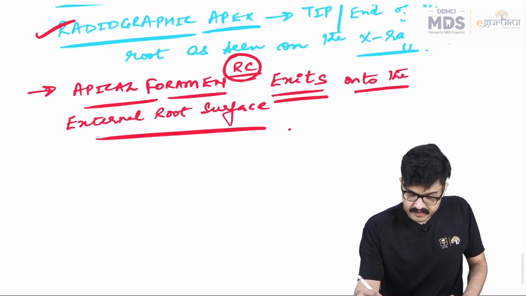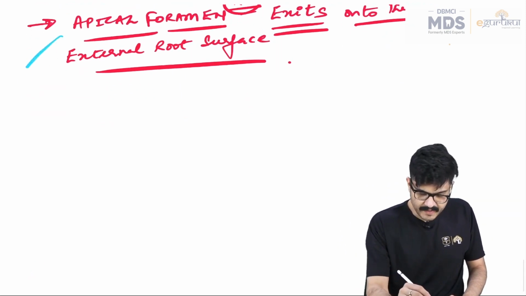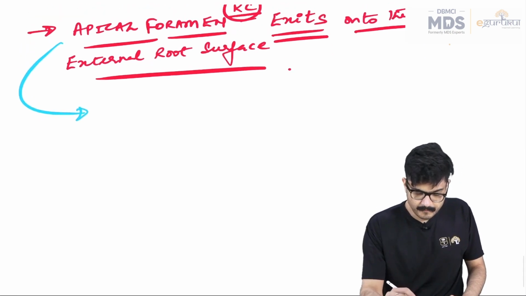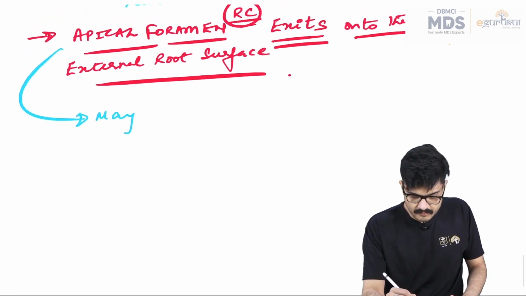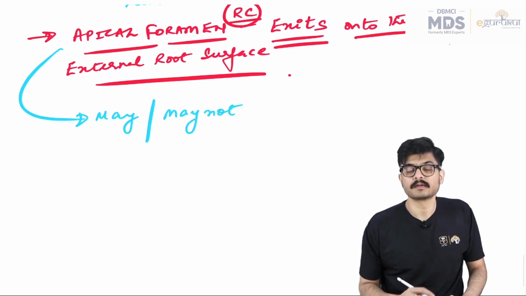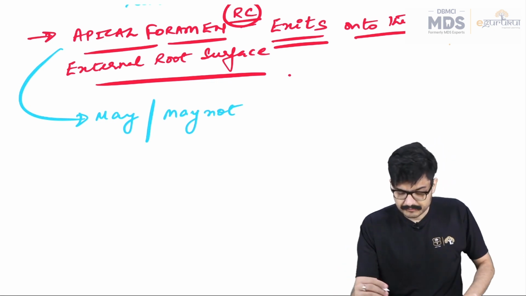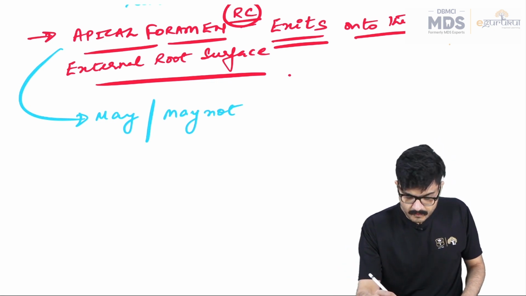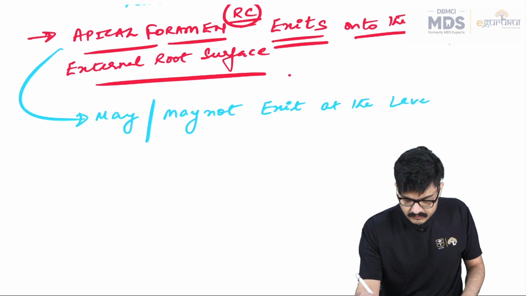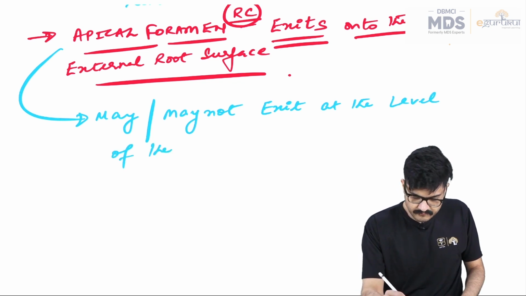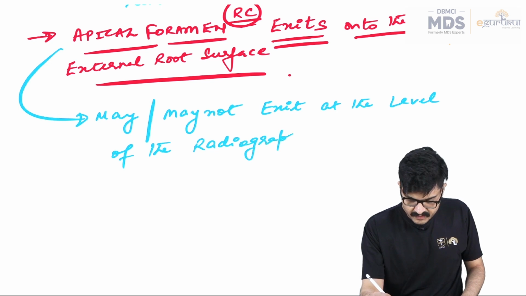So the important point here is that the apical foramen may or may not exit at the level of the radiographic apex.